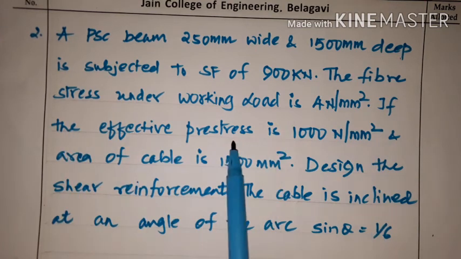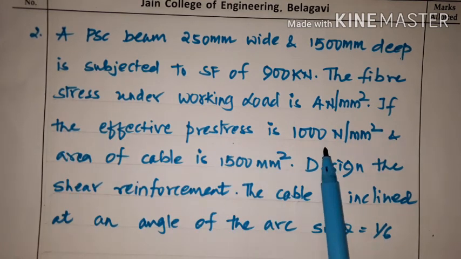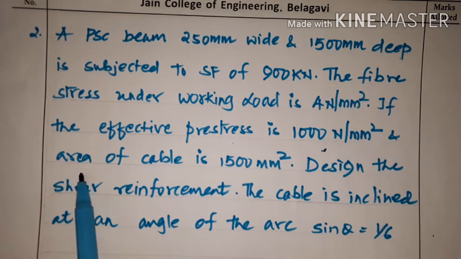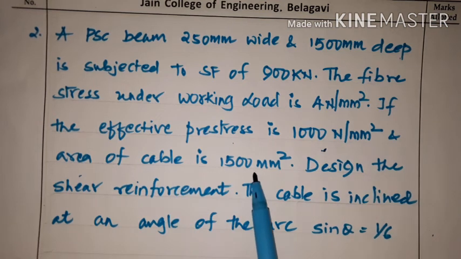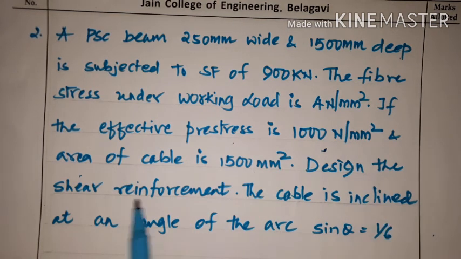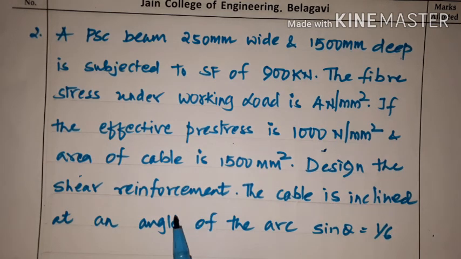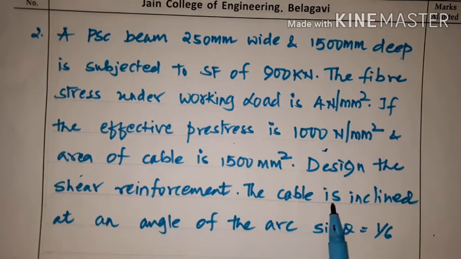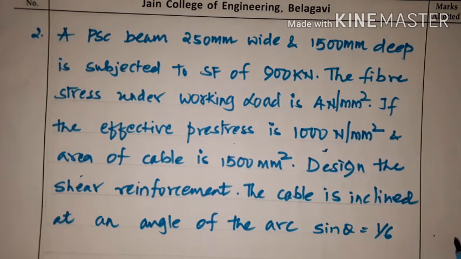If the effective pre-stress is 1000 Newton per mm square and area of cable is 1500 mm square, design the shear reinforcement. The cable is inclined at an angle of arc sin theta is equal to 1/6.